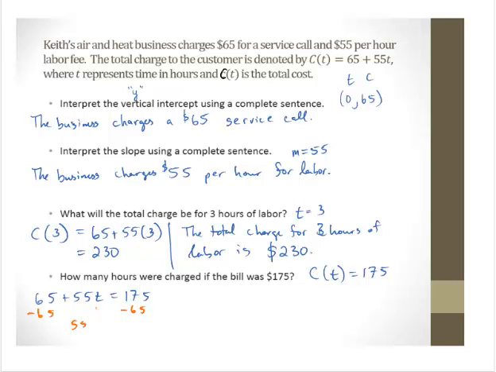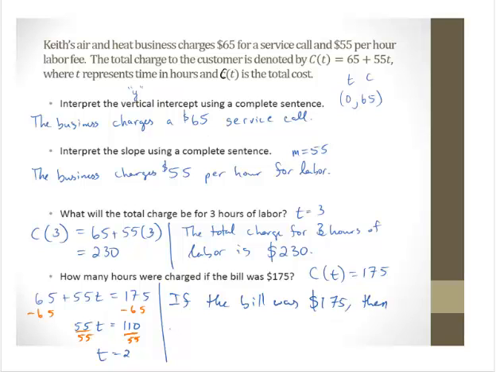So then 55t is equal to 110, and dividing through by 55, we find that t is equal to 2. So, if the bill was $175, then 2 hours of labor was charged.